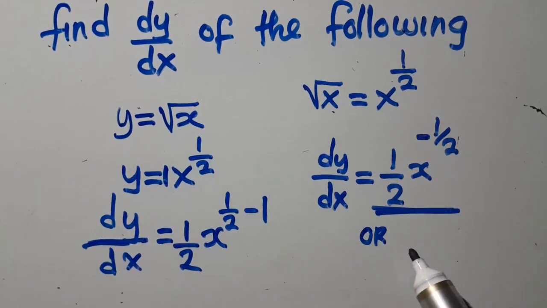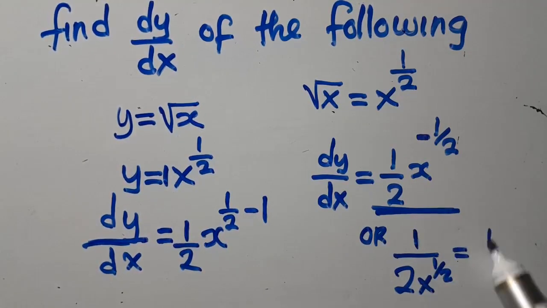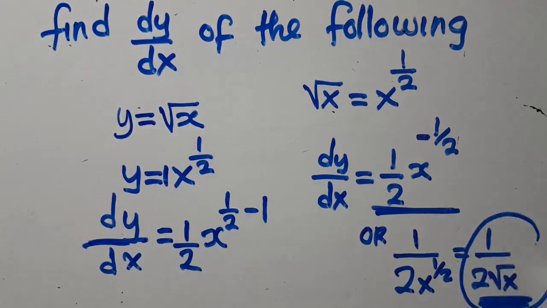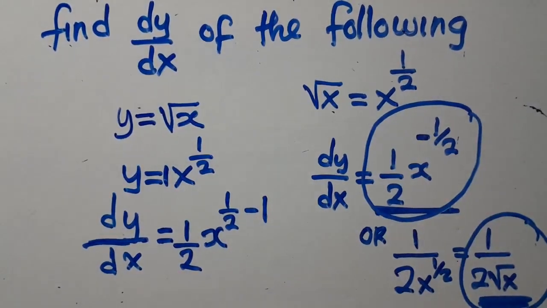This is just the same as 1 over 2, then x to the power 1 over 2 in the denominator, where you know that power 1 over 2 is just the same as root x. So this is also the answer, 1 over 2 root x. You can write this one, I will still mark you, or this one. It is just one and the same thing.